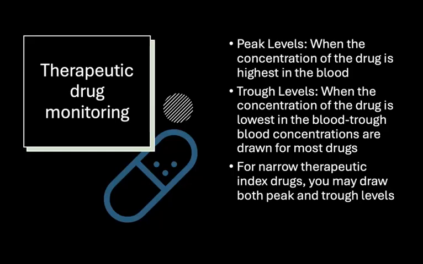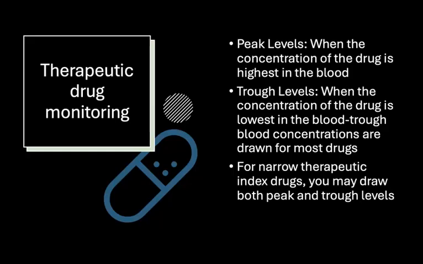So we're going to do blood levels frequently, let's say for a medication called Dilantin, an anti-seizure drug that potentially could be very toxic for patients if we get too much. Sometimes for antibiotics, we're going to use the peak level for how much of the concentration of the drug is at the highest level in the blood.